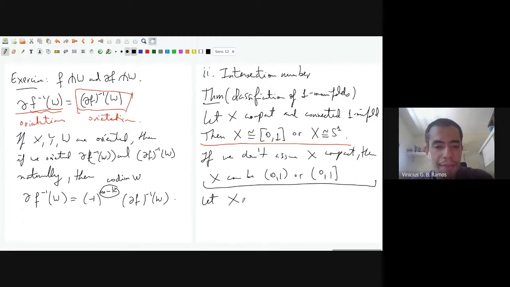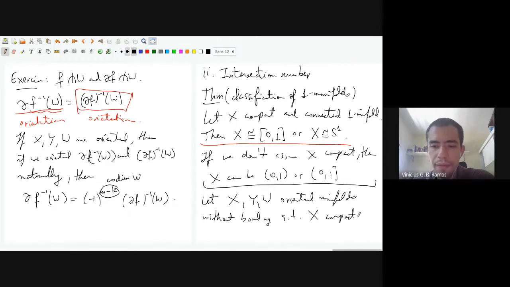So now let X, Y, and W be oriented manifolds without boundary, such that X is compact.